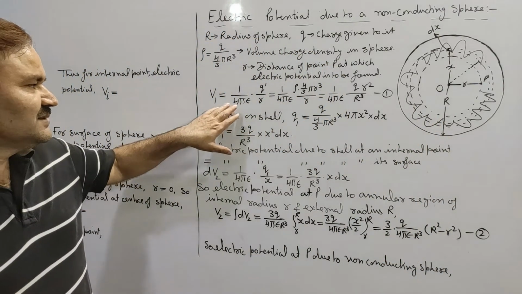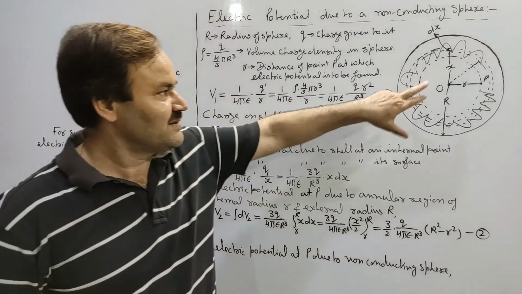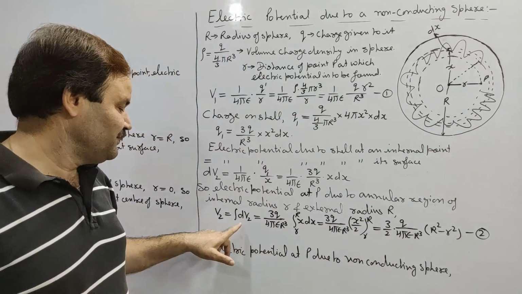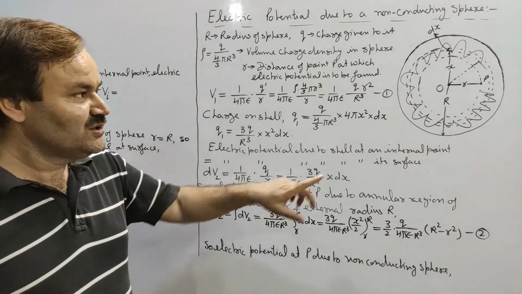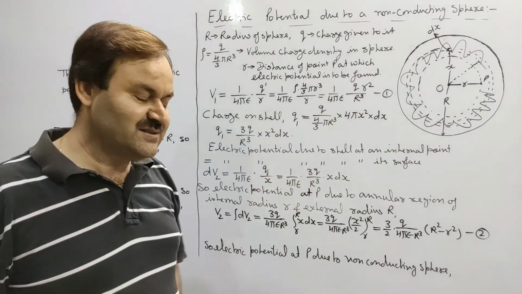Now we have electric potential due to the central spherical region as well as electric potential due to the annular region.